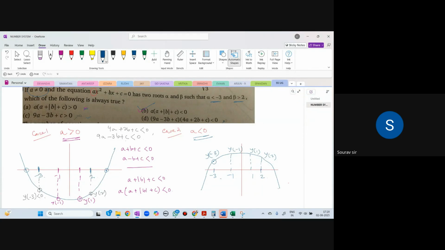So this is wrong. That means option B holds for both cases of a, less than 0 and greater than 0. Option C holds only for a less than 0, but not for a greater than 0. So that is why option B is the correct option.